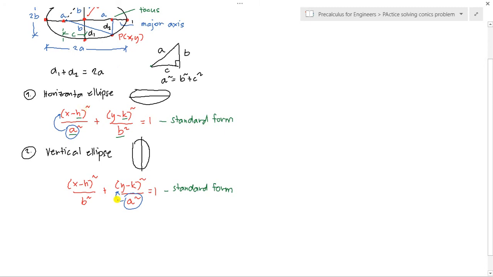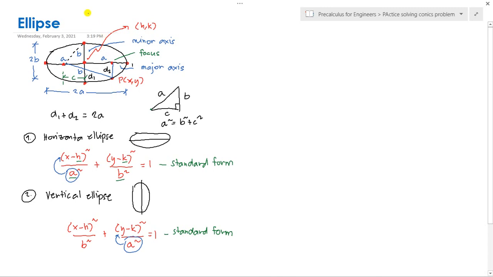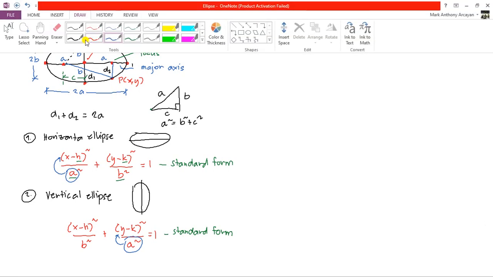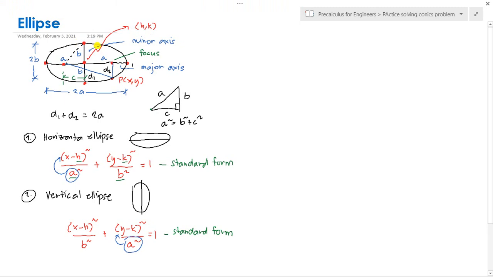Okay, so out from this standard form, we also have the general form of the equation of the ellipse. So ikatulo na itong concept about ellipse, that is the general form. Now for an ellipse, it is represented by this general form, that is ax squared plus cy squared plus dx plus ey plus f is equals to 0.